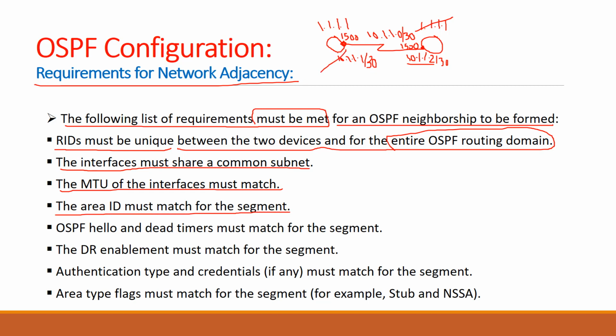If this interface belongs to area 0, this one must belong to area 0. But this interface can belong to another area, for example area 1, on a different network segment. That's why we say the area ID must match for the segment, this segment.